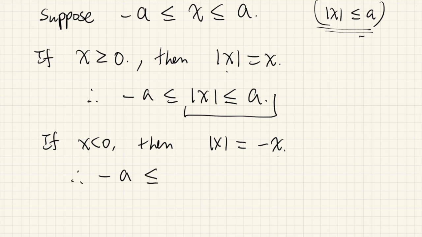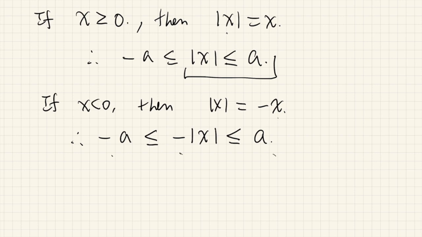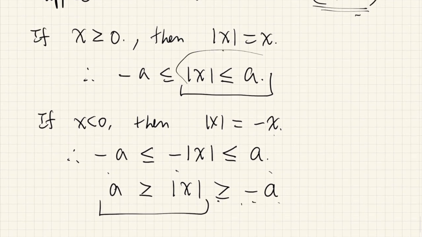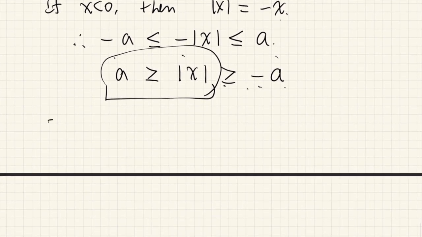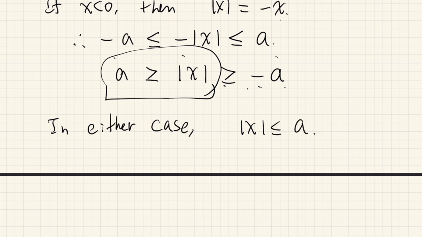Therefore, we have negative absolute value of x less than or equal to a. If we multiply everything by -1, we have a greater than or equal to the absolute value of x, and this is greater than or equal to negative a. So for this part, we have the same thing here and here. So in either case, we have this. The absolute value of x is less than or equal to a, and we are done.